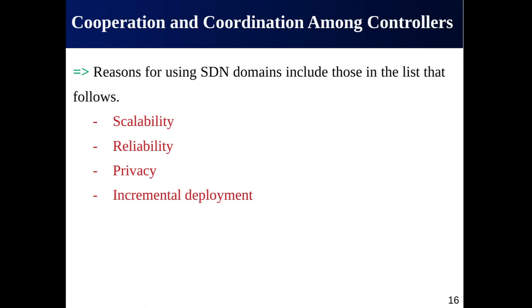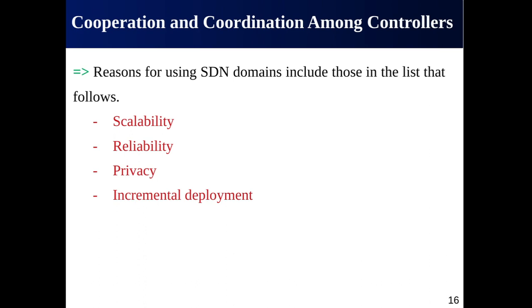For example, an SDN domain may be dedicated to a set of customers who implement their own highly customized policies, requiring that some networking information in this domain should not be disclosed to an external entity. So inside a specific domain, you can specify different types of privacy policies that would be implemented within that domain. And finally, it will allow incremental deployment.